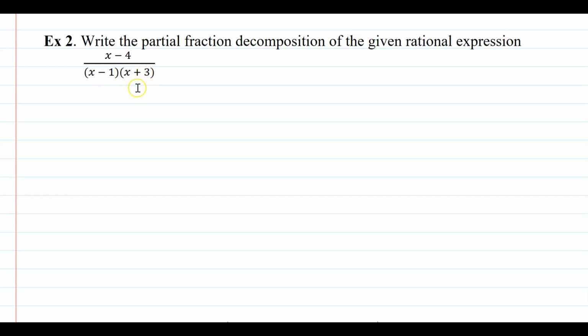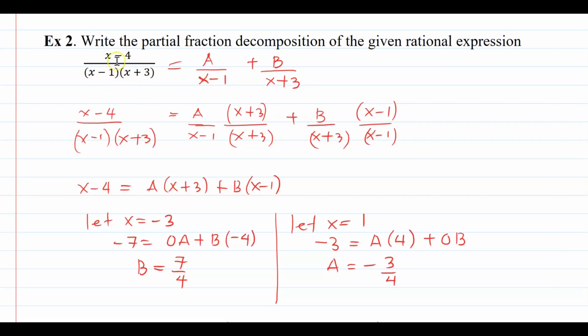So we'll proceed with step number 3, which is to write the form of the partial fraction decomposition. The partial fraction decomposition of x minus 4 over x minus 1 times x plus 3 can be written as A over x minus 1 plus B over x plus 3. To solve for A and B, first we need the same denominator.